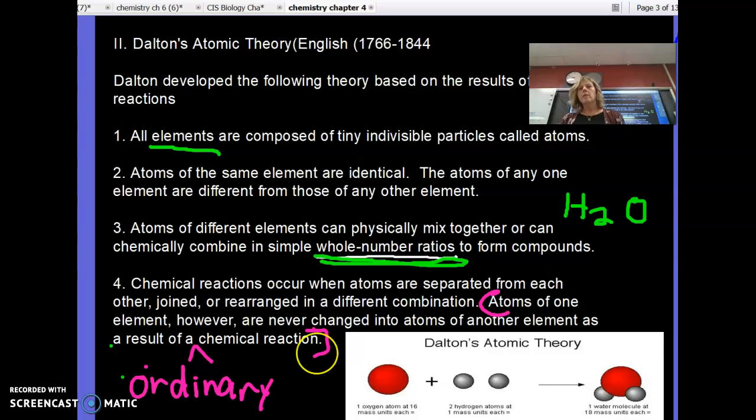In an ordinary chemical reaction, that is still true. We're not in here in this class. You will not be splitting atoms. You will not be combining atoms or creating new elements. There's no way that we have the very, very expensive lab equipment required to do that. So we do say in ordinary chemical reactions.